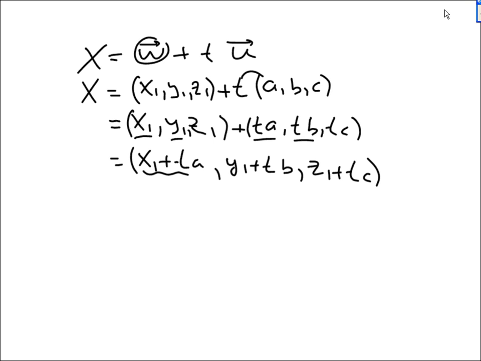Well, this is what x is, and that's what y is, and that's the z value of the point. Remember, please, this x is not this big X in front.